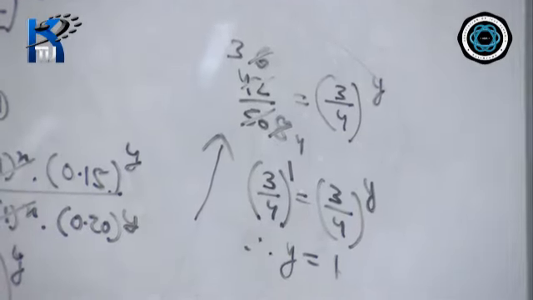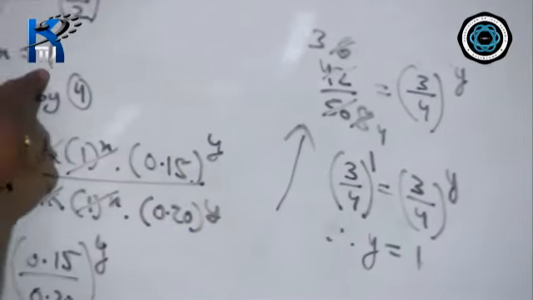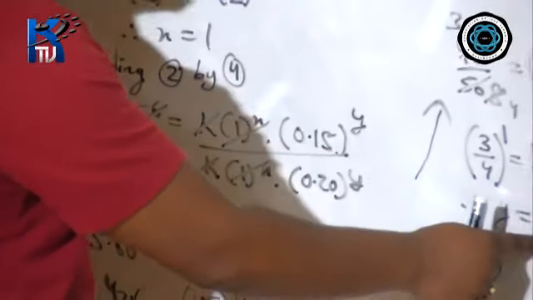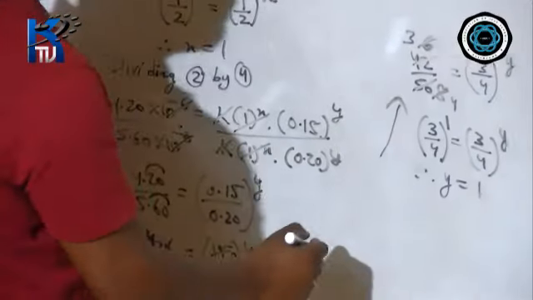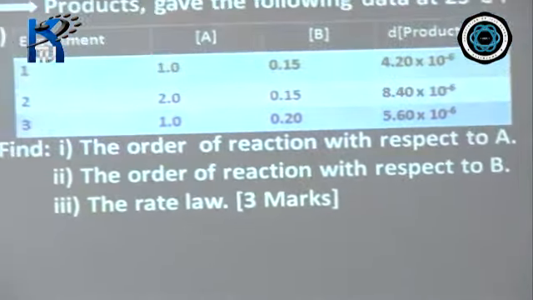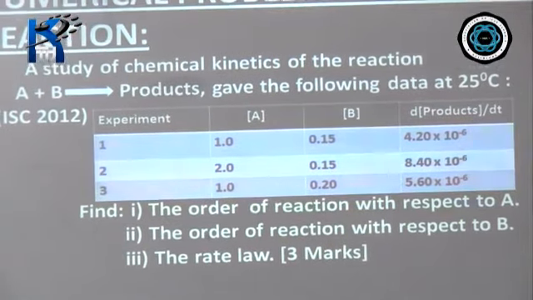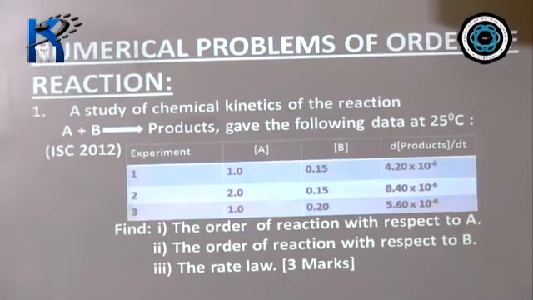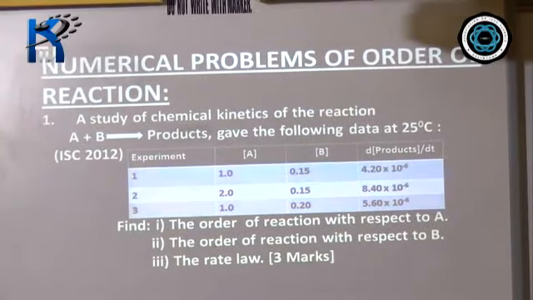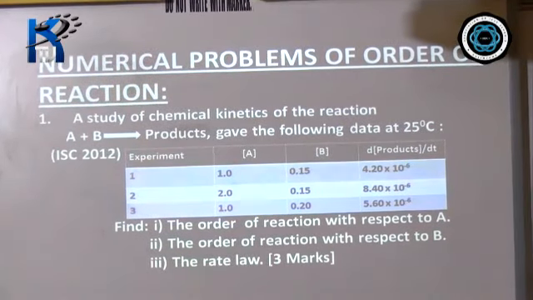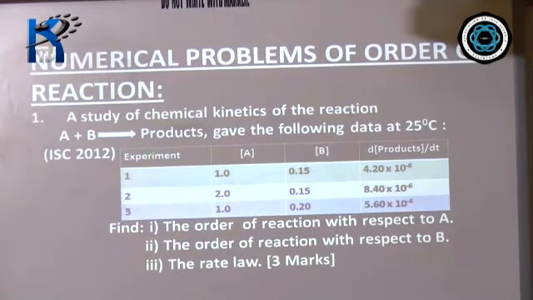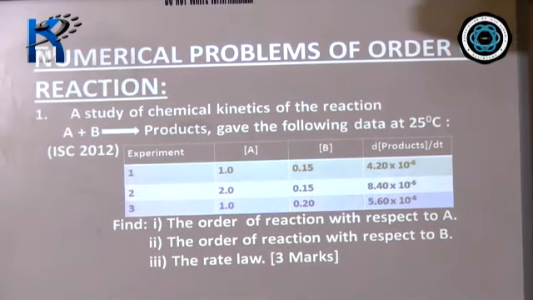So students, we got the order of A as 1, and the order of B is also 1. Now the question is saying first to find the order of A, which we supposed x, which we got as 1. Number 2, they are saying to find the order of B, which I supposed as y, which again we got as 1.